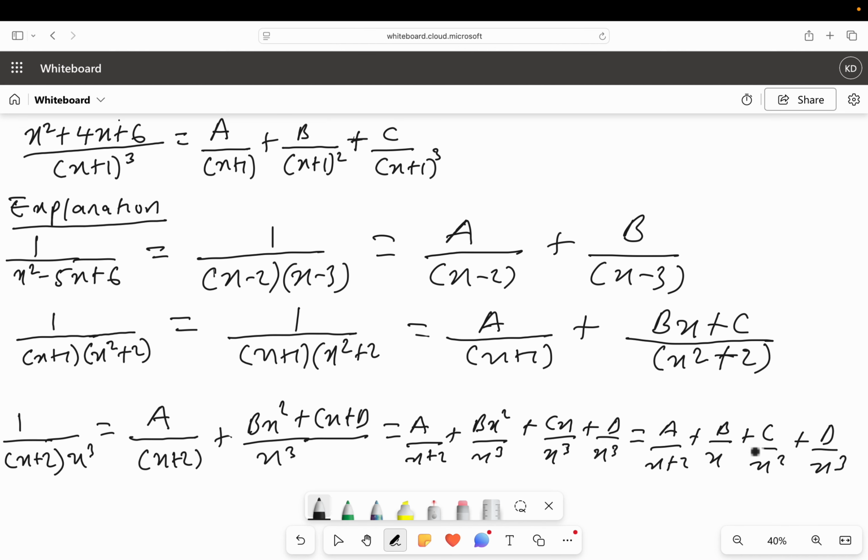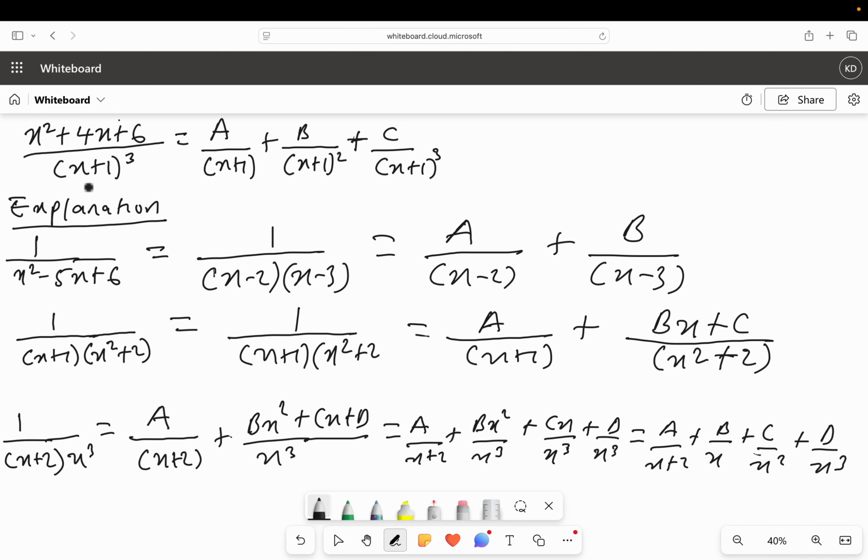If you look clearly, I have my a over s plus 2 and then b over s, then the next power c over s squared, and then the next power d over s cubed. So it is similar with this example.